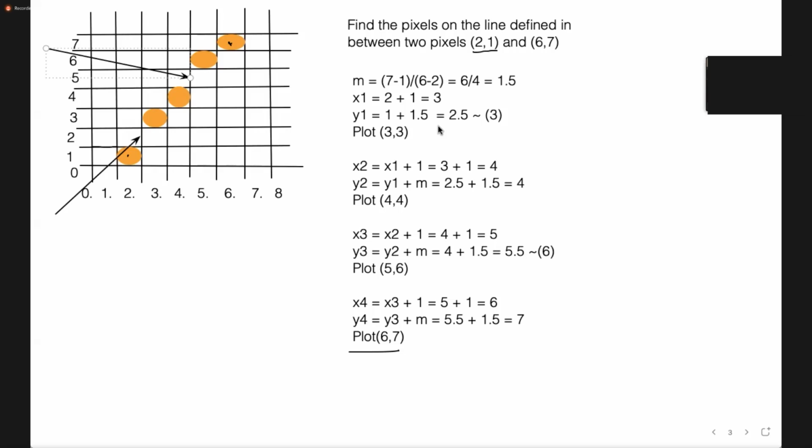Now one has told that the y values are not continuous. Why are the y values not continuous? Viduranga? Hello, Viduranga. Yes, sir. Why do we say the y values are not continuous?